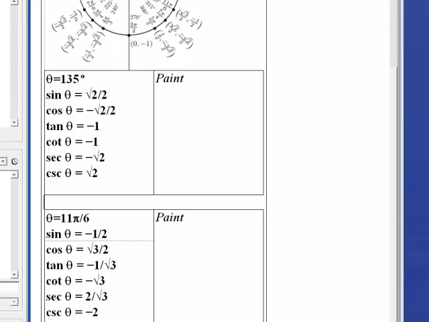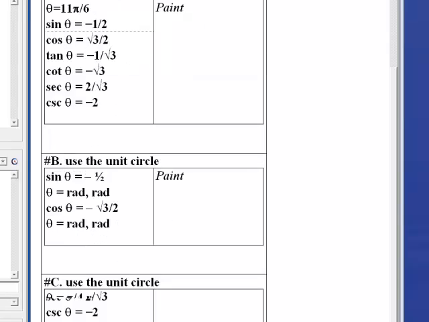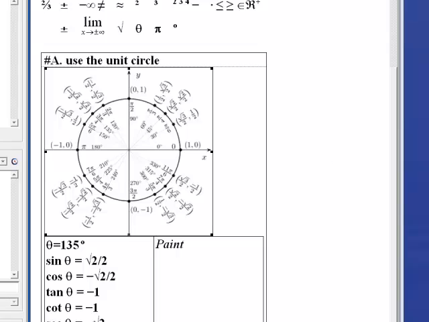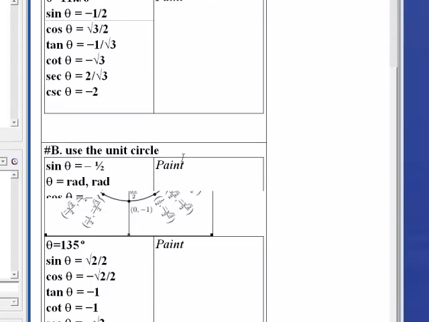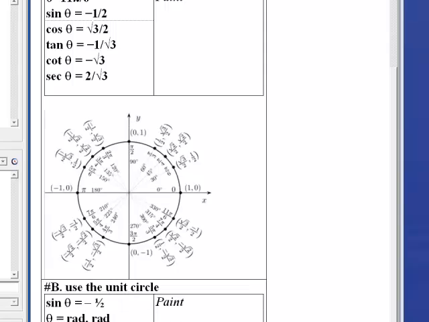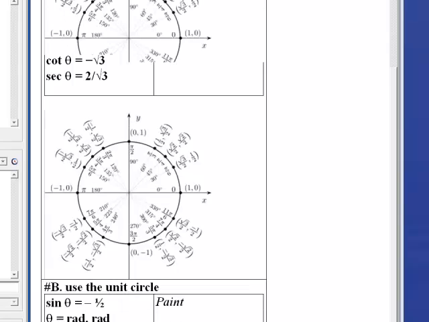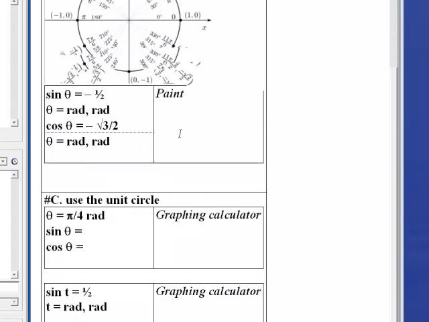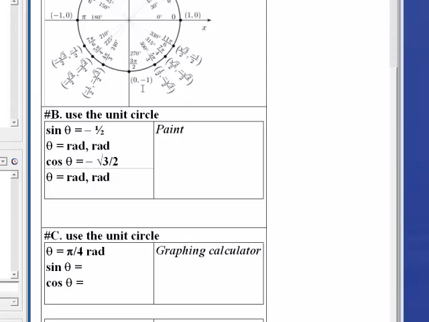Next exercise. Use the unit circle. So maybe I'm going to copy it down here. I think when I have my notes, I'm not going to use it that often. Sine of theta equals negative 1/2.